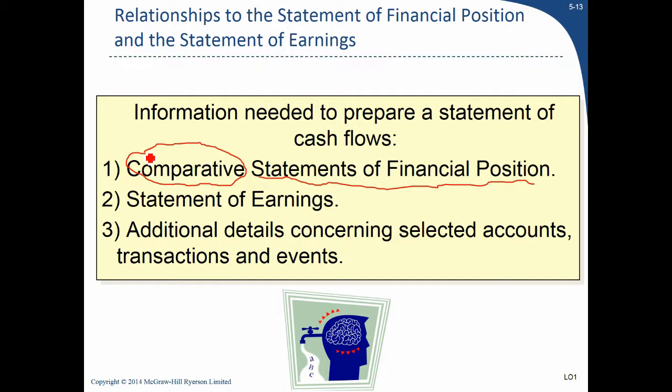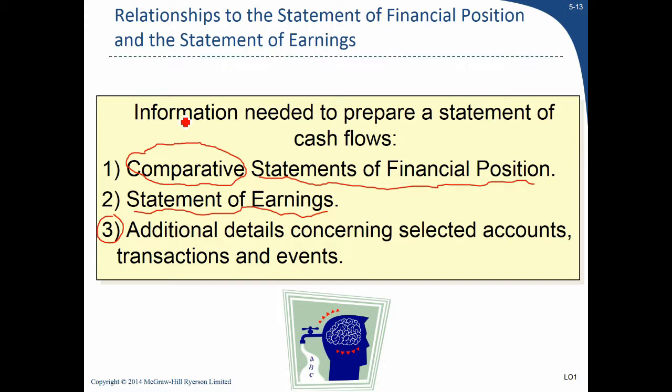You need the balance as of December 31, 2016 and the balance as of December 31, 2015. You need the statement of earnings. Those are the two main ones, and then you sort of need additional details concerning selected accounts, transactions, and events. But with the comparative statement of financial position and the statement of earnings, you have everything you need to prepare a statement of cash flows.